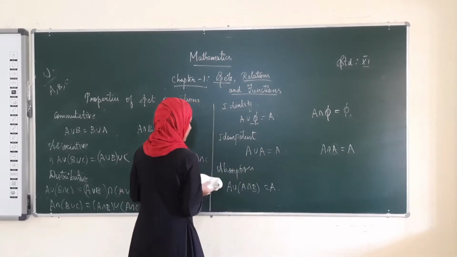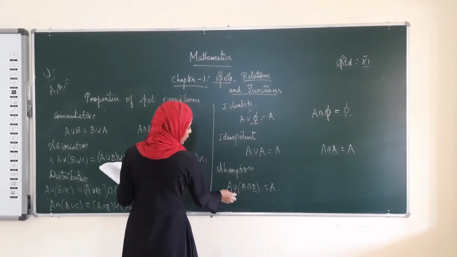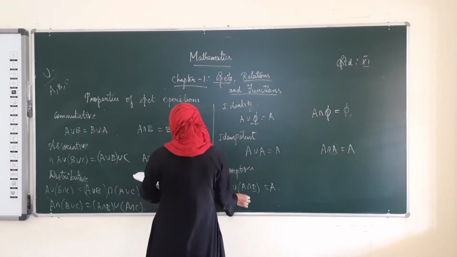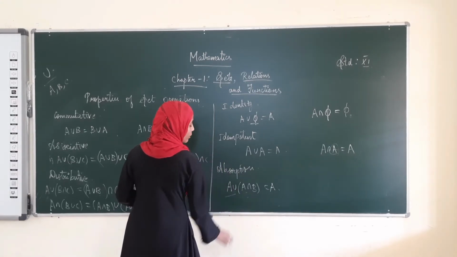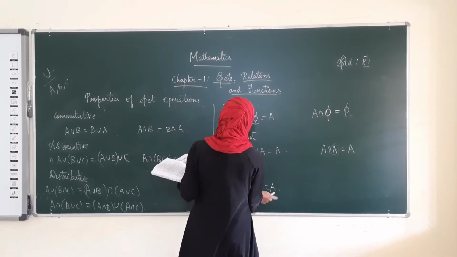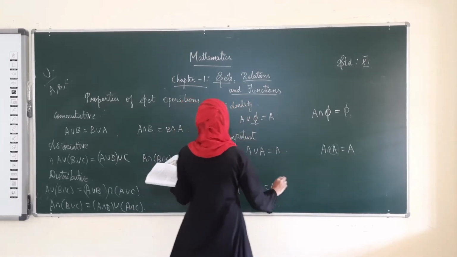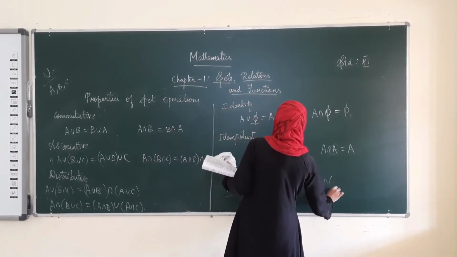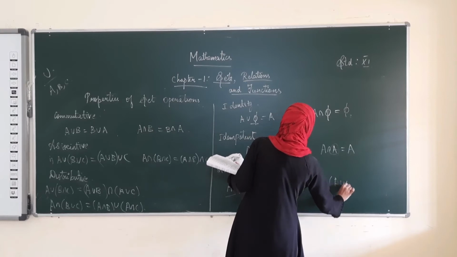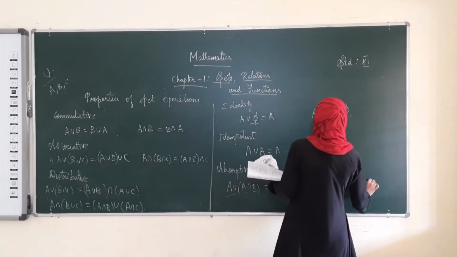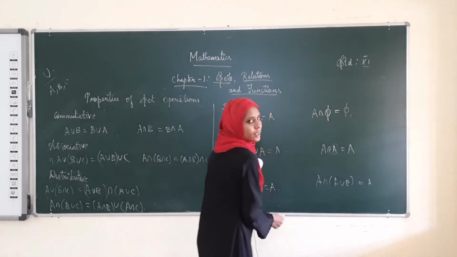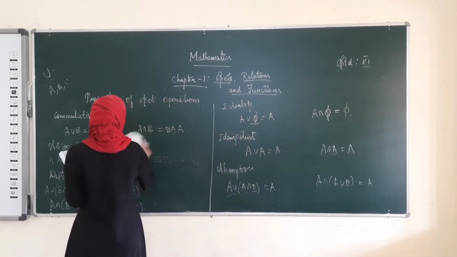This can be written like that. When this is the law, let's go through it. A union (A intersection B): we have two terms A, therefore the remaining term is A. And again here, A intersection (A union B) is equal to again A. This is called the absorption law.